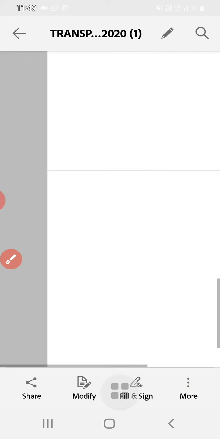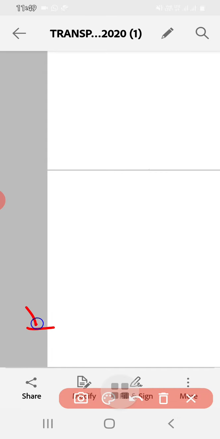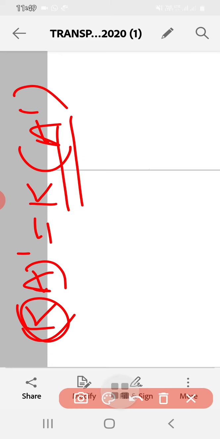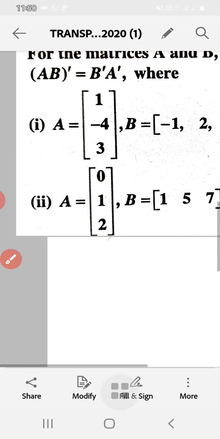The scalar can be taken outside and we only write the transpose of the matrix. So that is the property mentioned here.